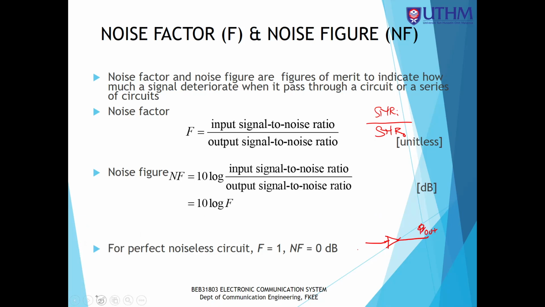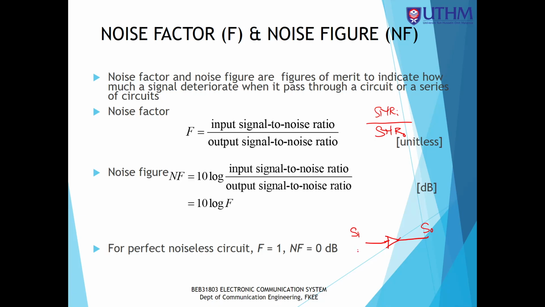Let's do in terms of S. So we have an input signal, we have the output signal. This is in terms of power, so we have an input power and also the output power.